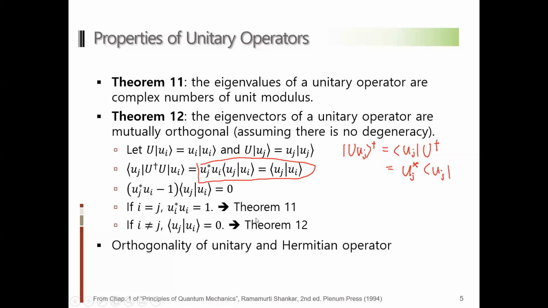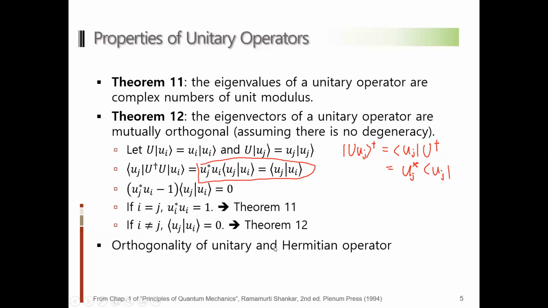Then, when I learned this property, the orthogonality of the eigenvectors of the Hermitian operator, I was a little bit confused, because the unitary operator and the Hermitian operator are different. Then how can we have such a common property, that the eigenvectors are always orthogonal, for both cases?